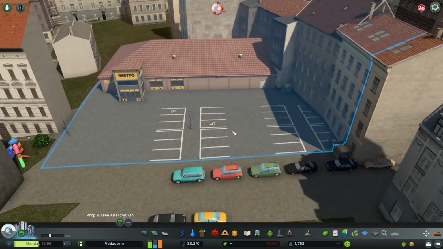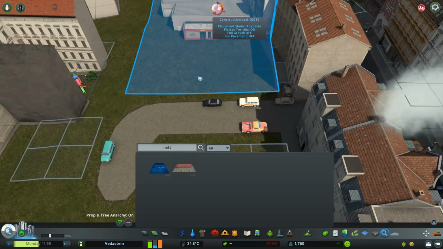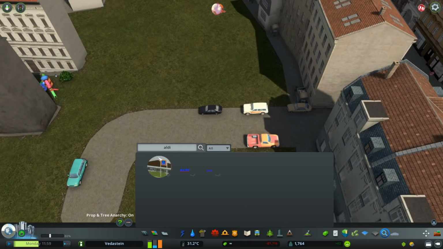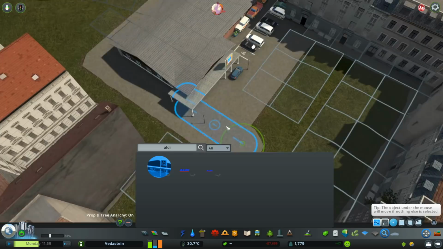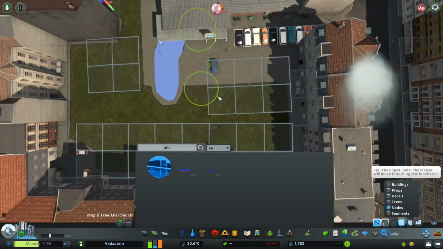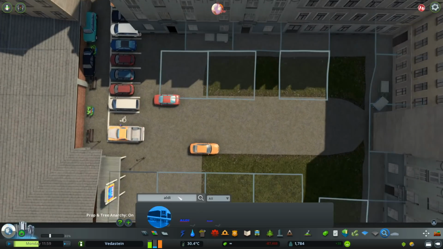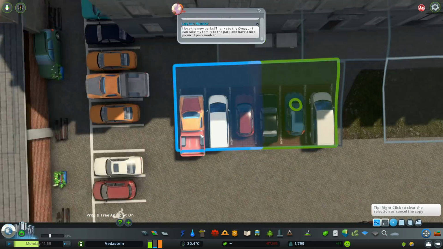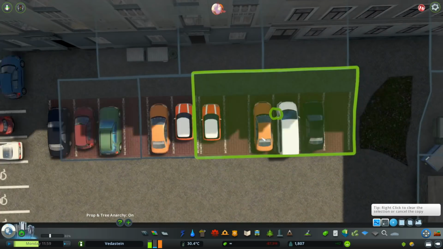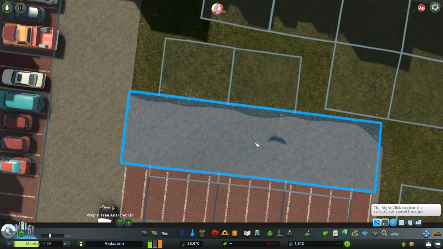Here I placed a supermarket in the area between the houses. That's also quite common, and I figured we really need more supermarkets because obviously the people have to buy their stuff somewhere. And yeah, I chose an Aldi.